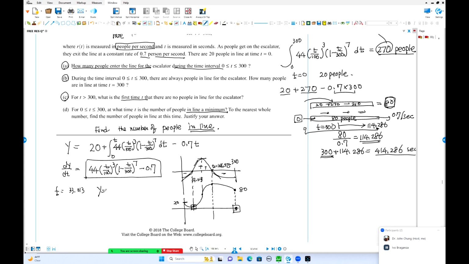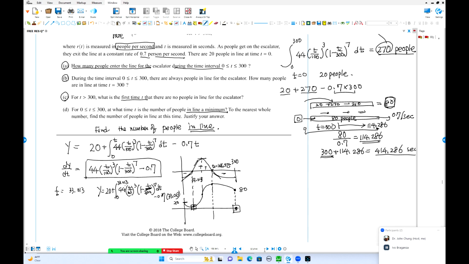Y equals the number of people: 20 plus the integral of 0.2, 33.013 over here, and 44 t over 100 cubed, 1 minus t over 300, 0.7 dt, and minus 0.7 times 33.013. That's the number of people at time t equals 33.